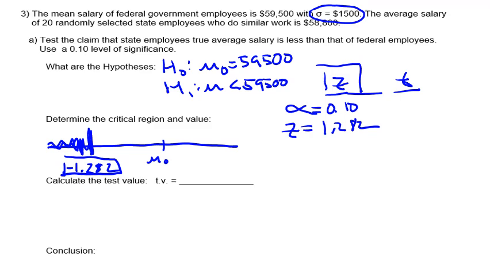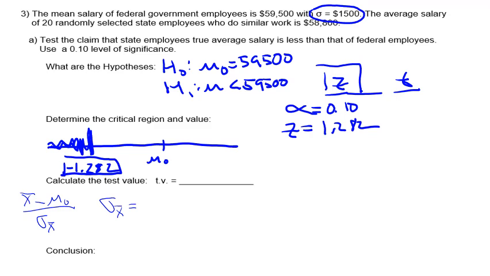All right. Next step is the test value. The test value is one of the formulas from the table. For us right here, it's x bar minus mu naught divided by sigma of x bar. X bar is in the problem, mu naught's in the problem, sigma of x bar we need to calculate.